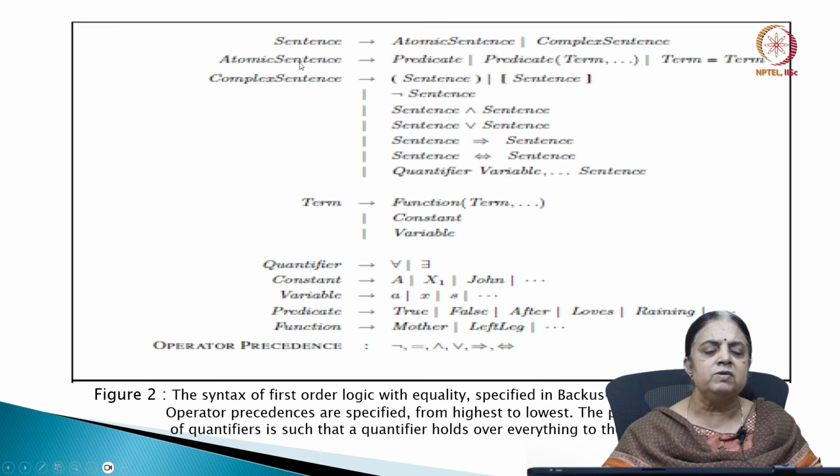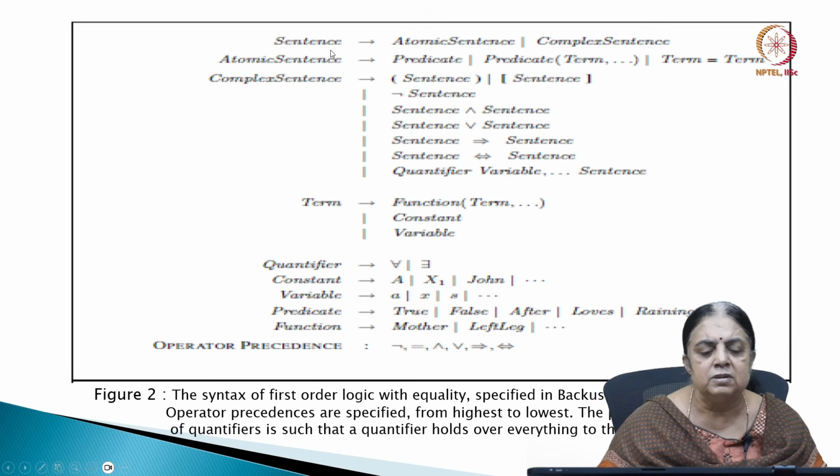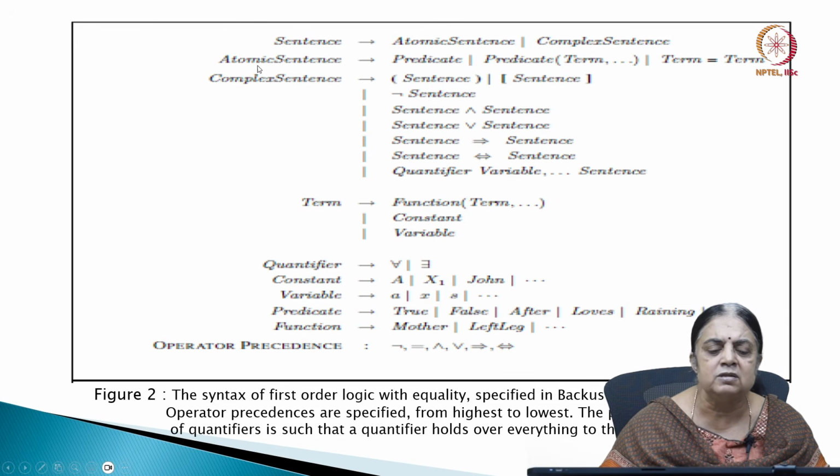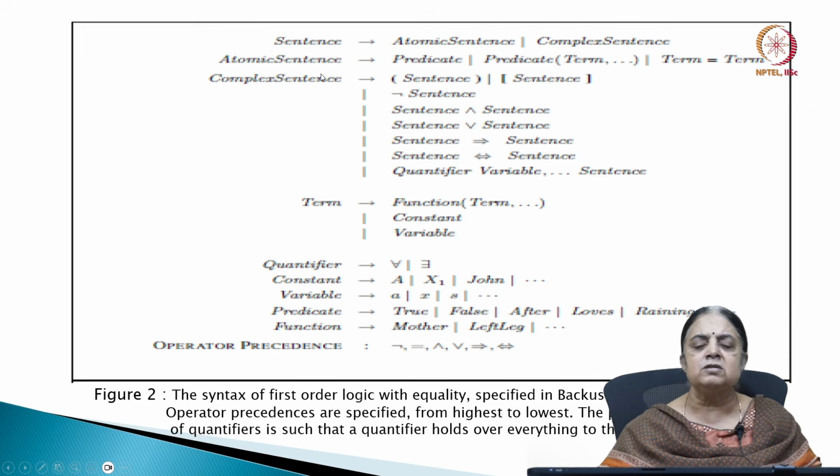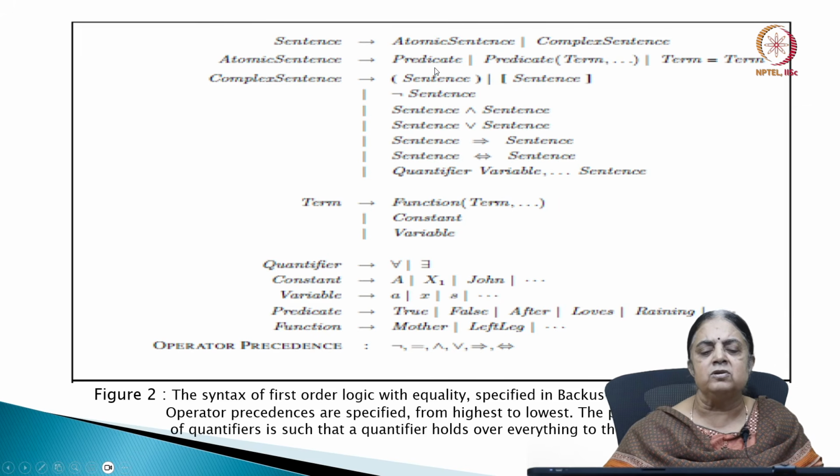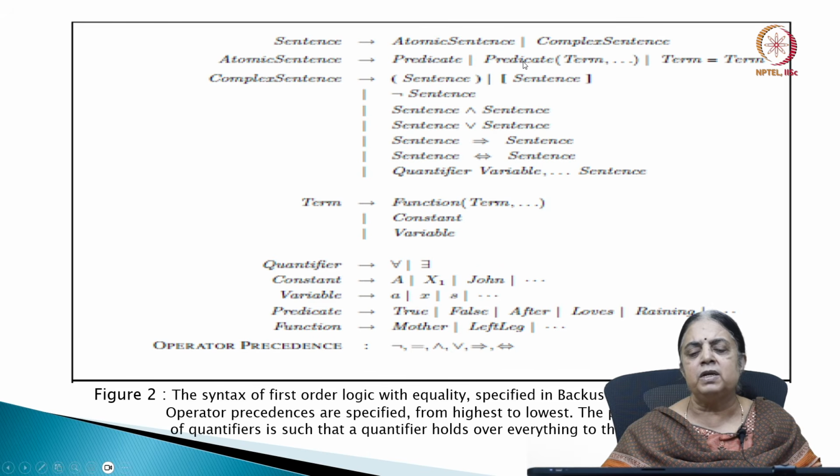So again we start in the same way. A sentence can be either an atomic sentence or a complex sentence, and the atomic sentence consists of either a predicate, so you could just have a predicate A or B or P, etc., or a predicate with a term, or you could say term equal to term.